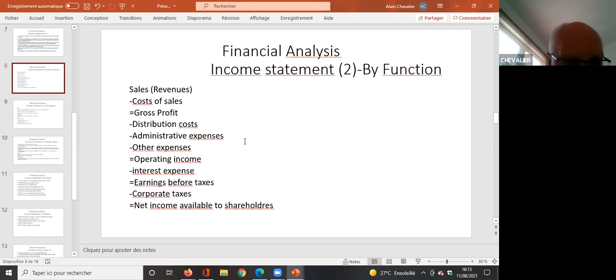So the influence at the beginning isn't the same. It's a cost analysis by section here, by department, by function. On the other side, it's closer to the national accounting system, which is based on the nature of the expenses.